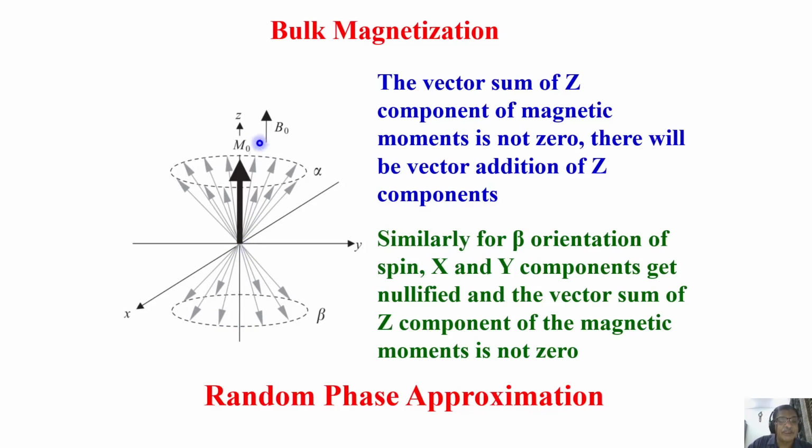If you add up these two, the total vector sum in this direction and the total vector sum in this direction, because they are in the opposite direction, part of it gets nullified but not completely, because there are more spins in this direction. So eventually you are going to be left with some amount of magnetization, or vector sum of all these components, in this direction.